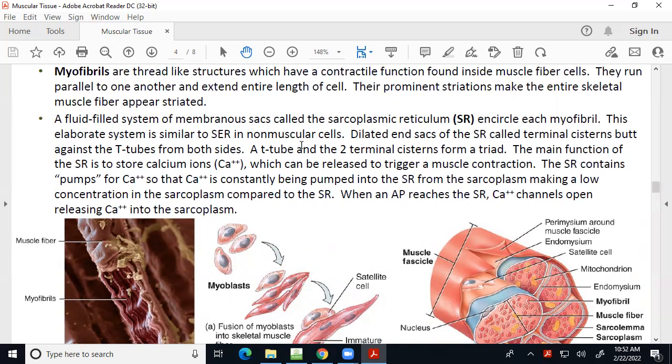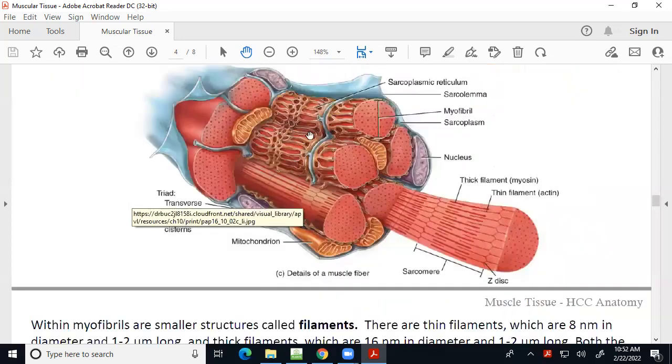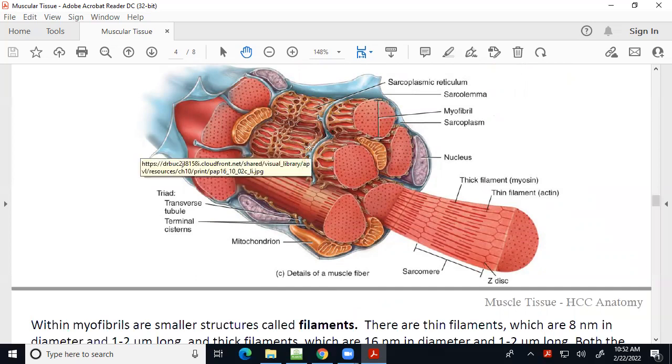In our skeletal muscle, the SR, sarcoplasmic reticulum, holds on to calcium and stores it. And when that action potential comes down a T-tube, which you can see on both sides of a T-tube, we find the sarcoplasmic reticulum. It triggers the release of calcium.